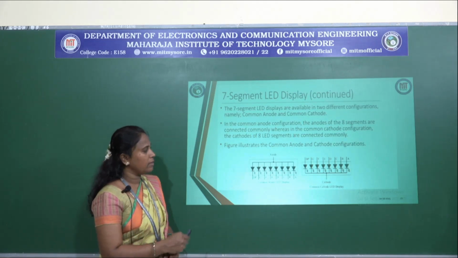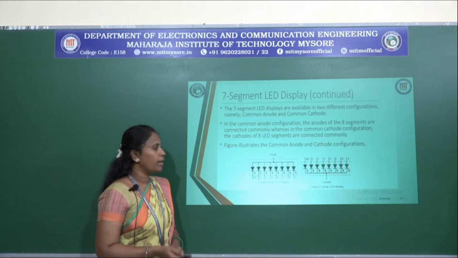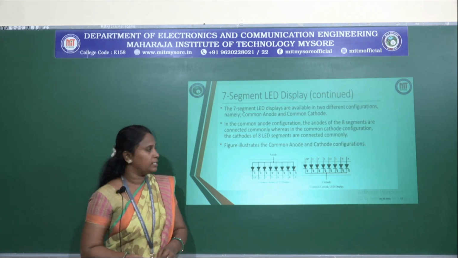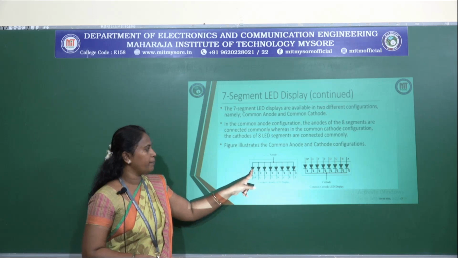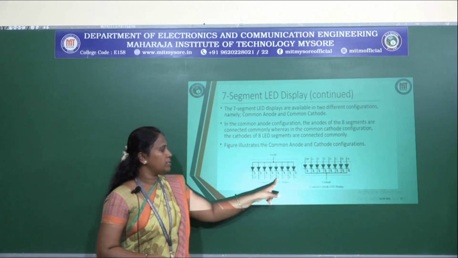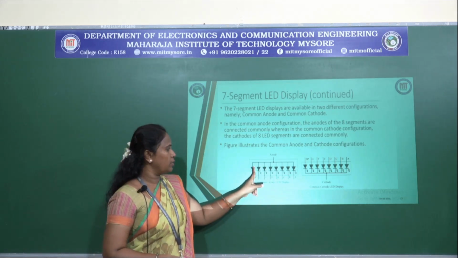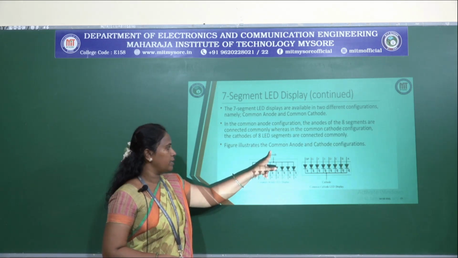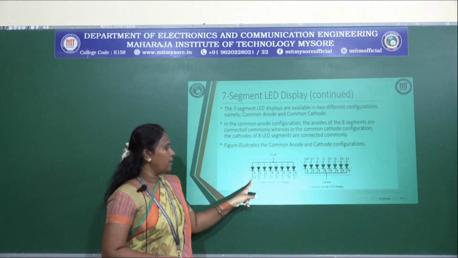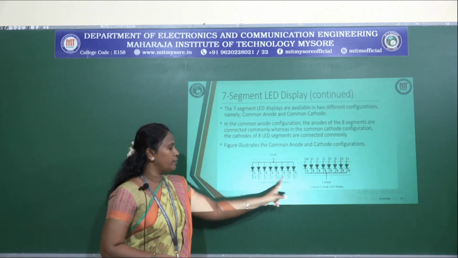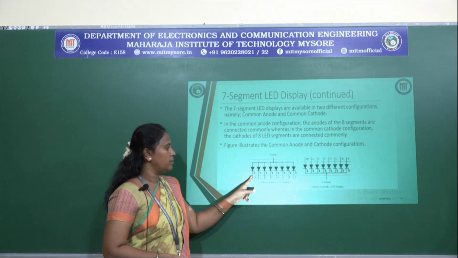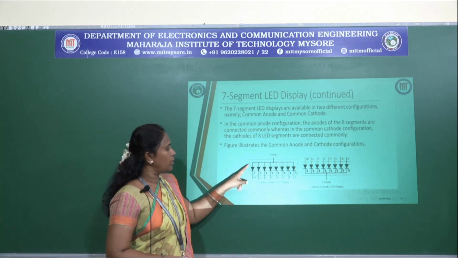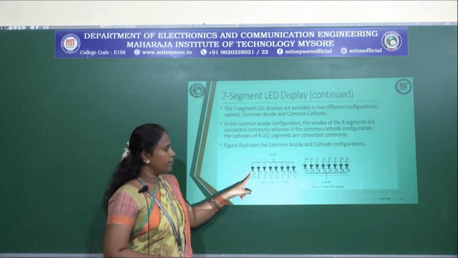This is once again the common cathode and common anode LED display. As you can see, in the case of the common anode display, your anode terminals are connected to the positive supply and the rest of the pins are connected to the negative terminal.